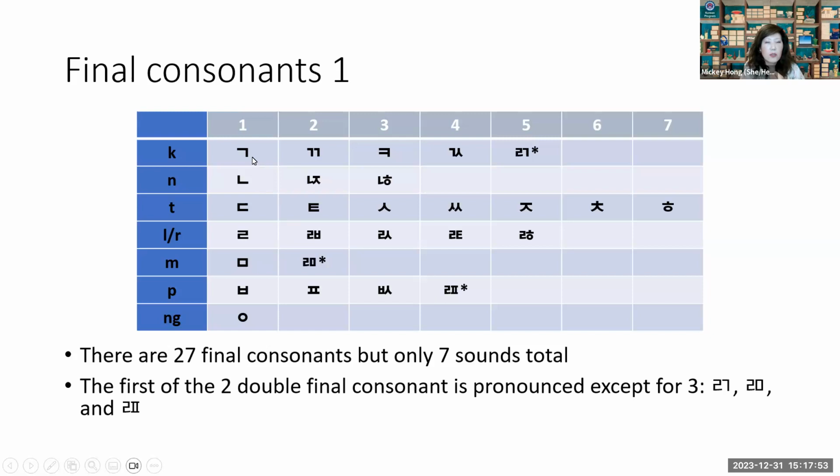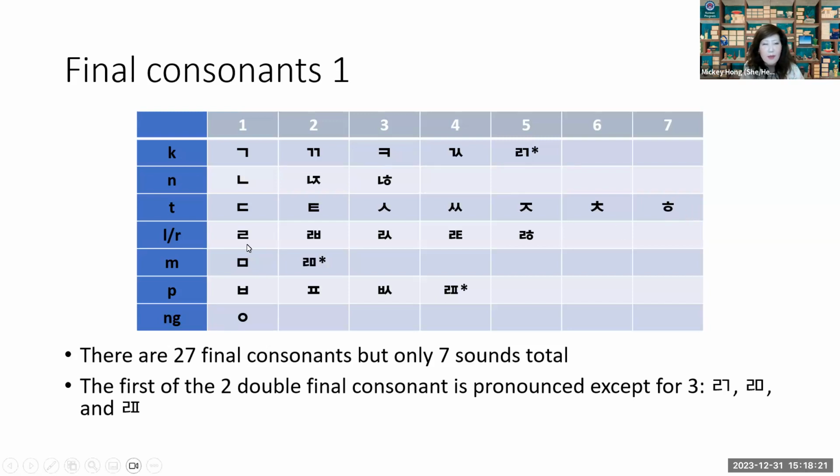If the combination is a derivative of a version of 기억, then it's going to be a K as a final consonant. N is obvious. It's just like in English, you have an N sound at the end. Everything else that is not mentioned below is going to be the T break.